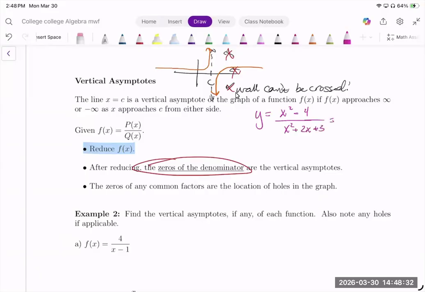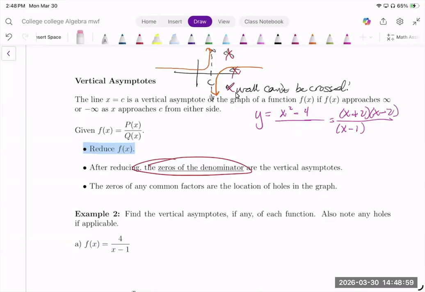Well, the numerator is a difference of squares, so that's plus or minus 2. The denominator is x minus 1. Let me change this, because that's a 1 and a 3, and I need a 2. This is what happens when I make it up on the fly.